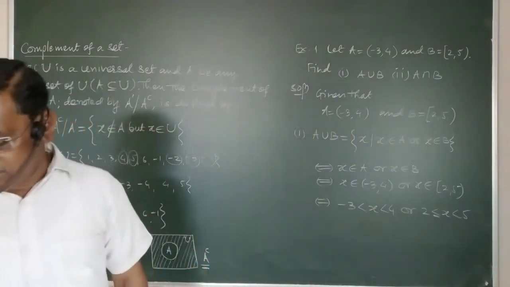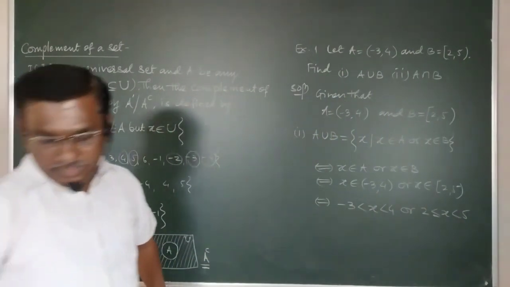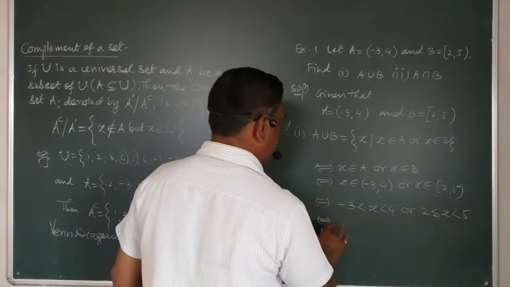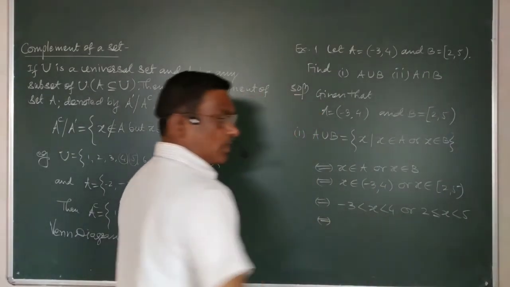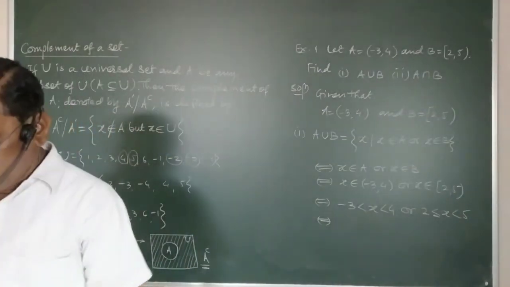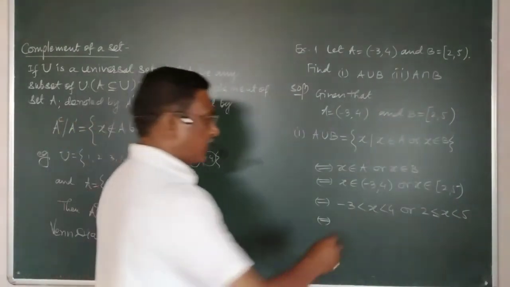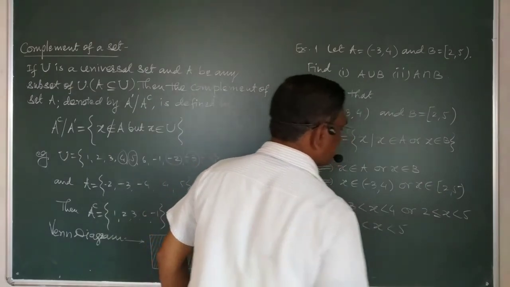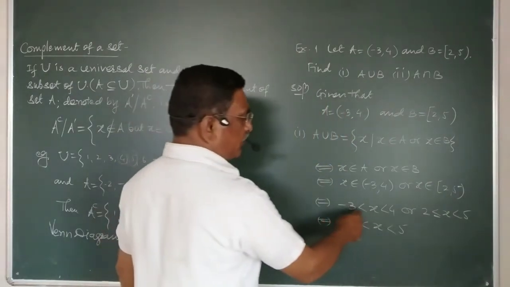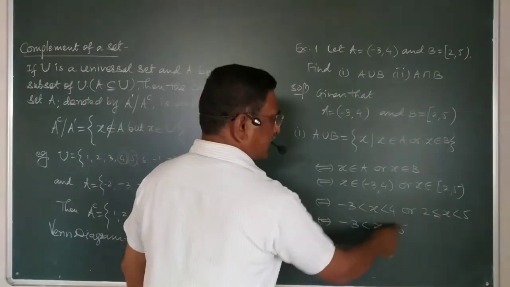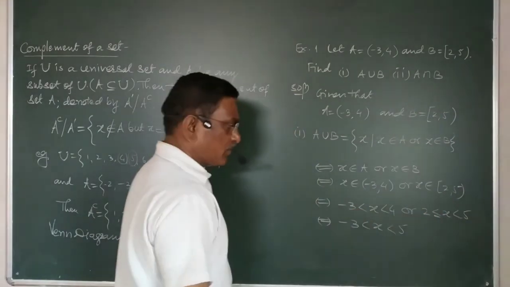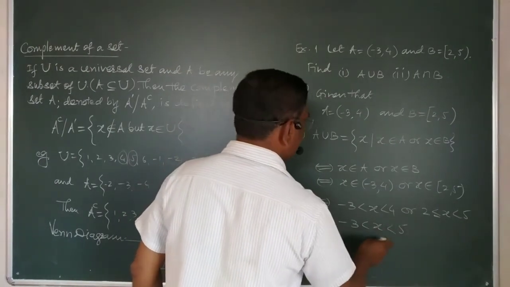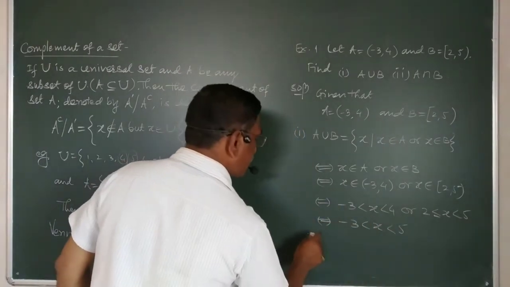And hence, the combination of these two is nothing but minus 3 is less than X, less than 5. Because if I go from minus 3 to 5, then 2 occurs, and therefore it is combined, and hence minus 3 is less than X, less than 5.